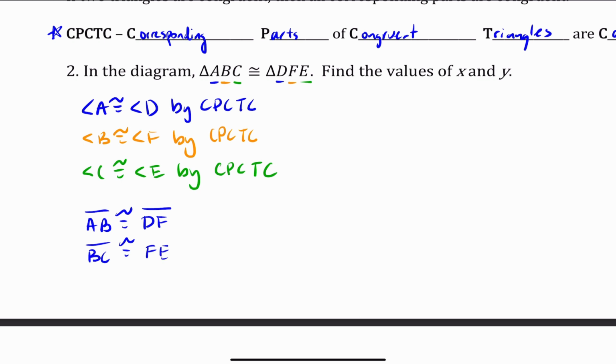And then what happens if I say the first and the last letter? What's congruent to the first and the last letter? It would be segment DE. So segment AC is congruent to segment DE. Okay, and this is all by CPCTC.